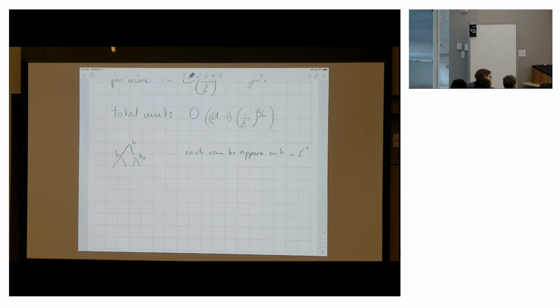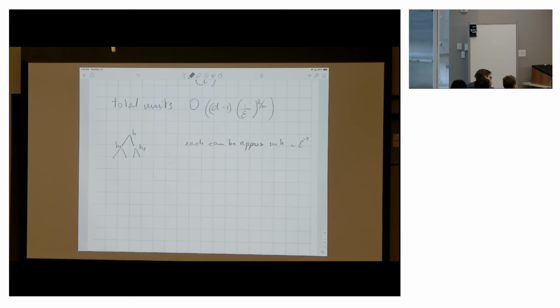And I also assume that H is Lipschitz with a Lipschitz constant L. So this means H of x minus H of x plus epsilon would be at most L times epsilon. I assume this, okay?